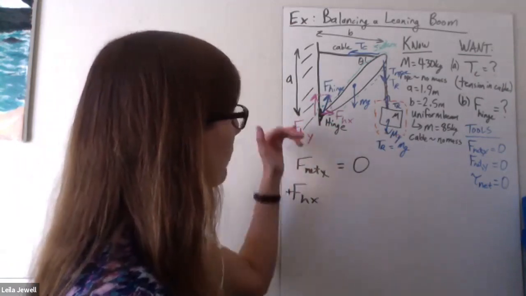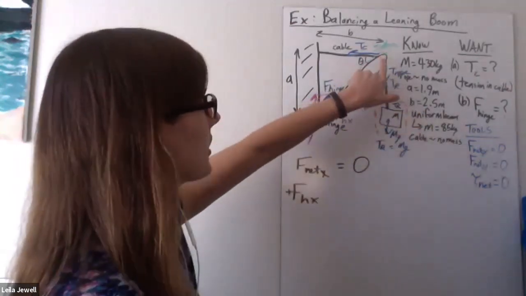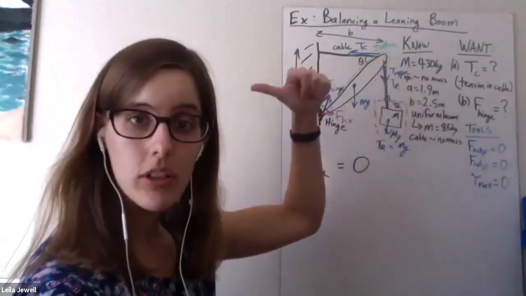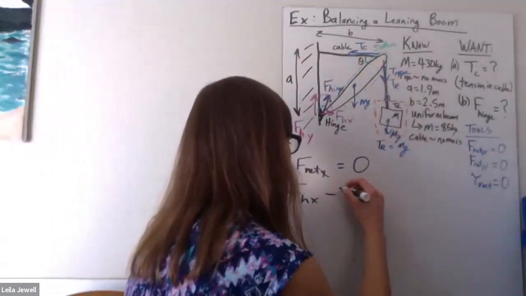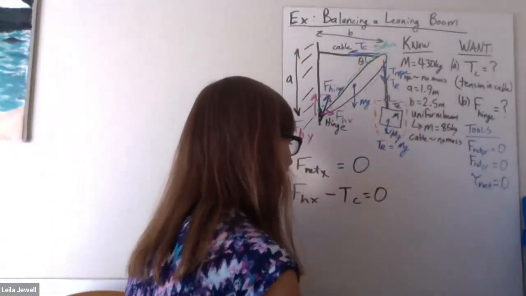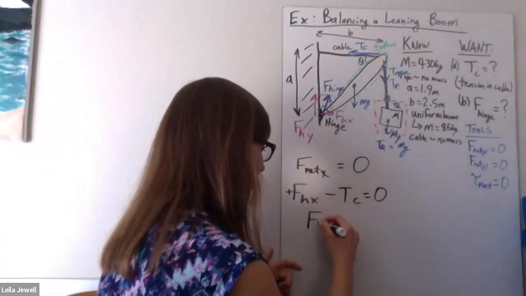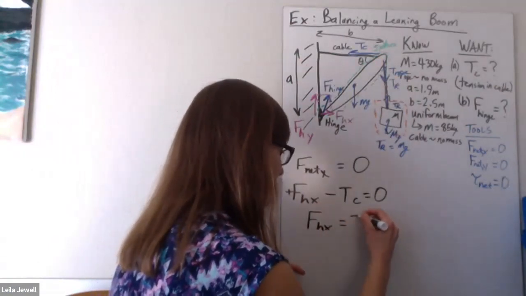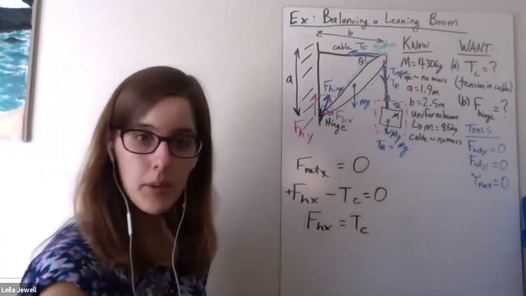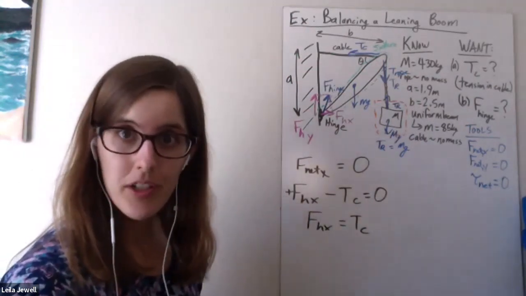And the only other force I see in the horizontal direction would be TC, and that's in the negative X direction. So this tells us that the horizontal component of the hinge has to be equal to the tension in the cable. Boom, super fast equation.